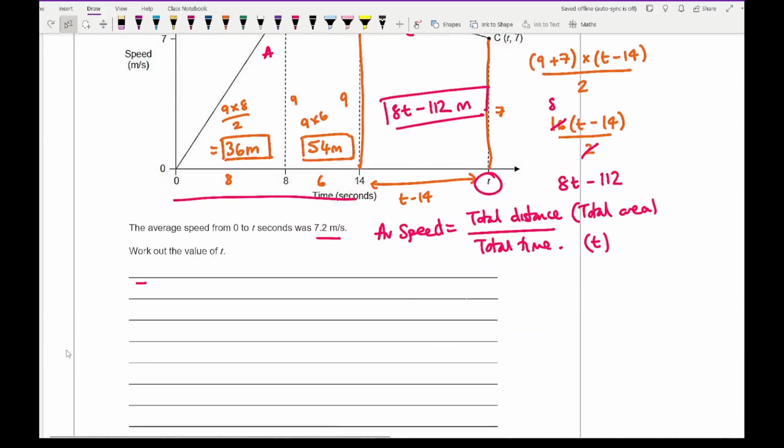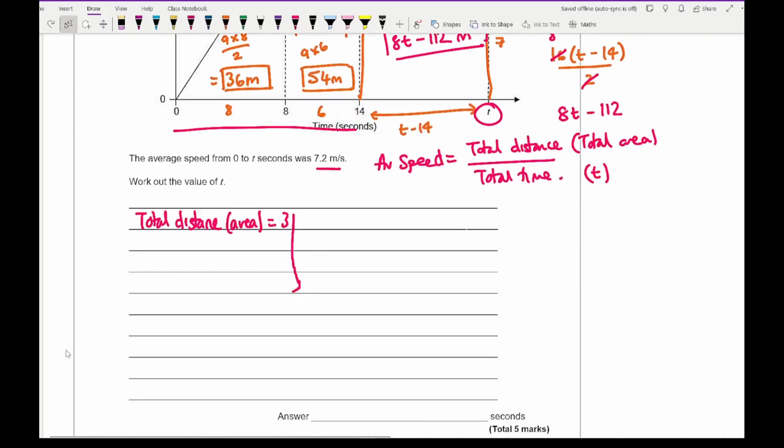So the total area, or the total distance, is going to be 36 plus 54 plus 8t minus 112, and that gives me an answer of, altogether, 8t minus 22.